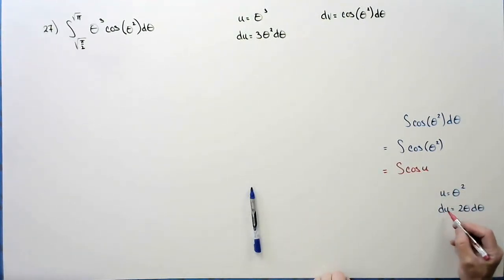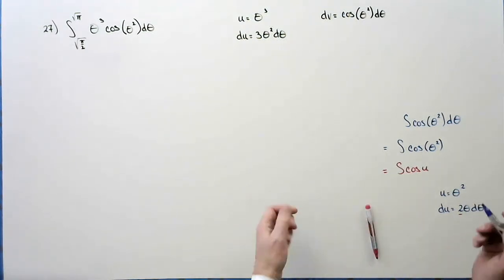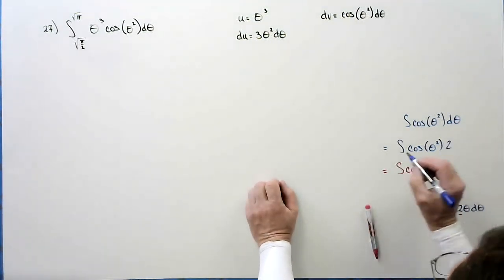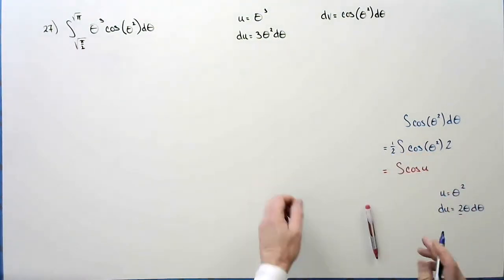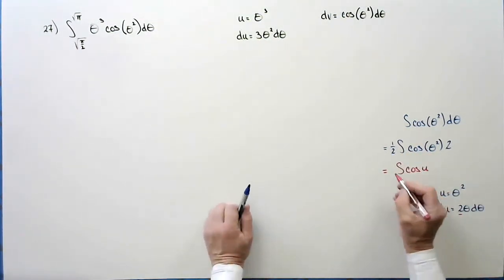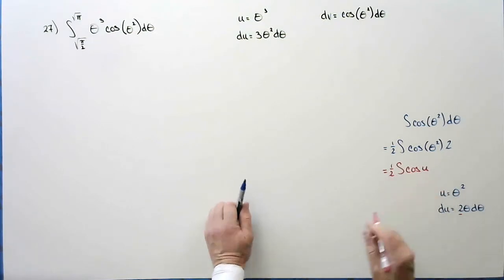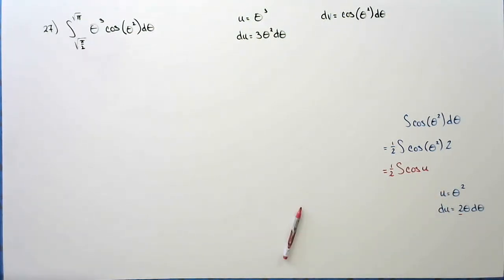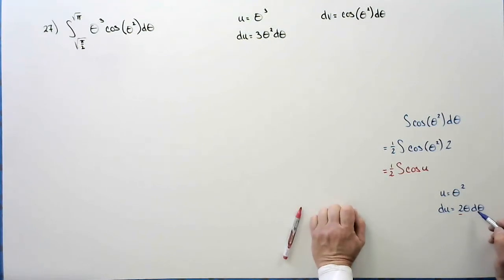Before we can write a du, we need a 2. Okay, we have a rule for that, right? We can put a 2 here and we put a half here. That was our section 5.5 u substitution. If you need a constant, just put 1 in. So we can do that. But the rest of du is d theta, which we have right here.